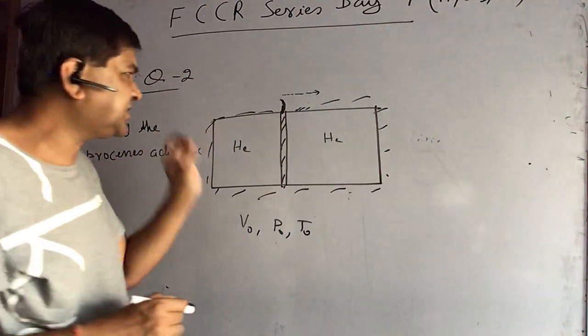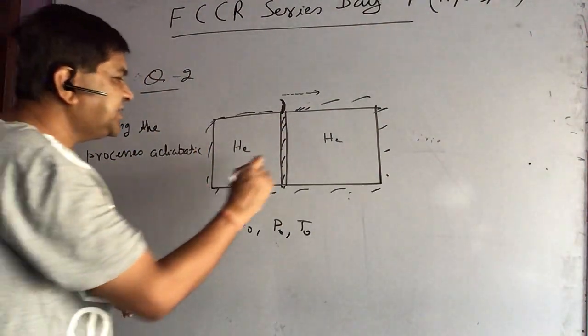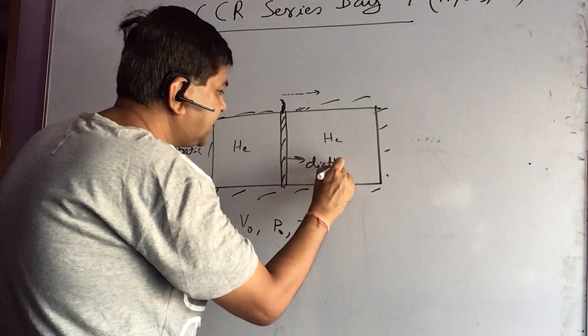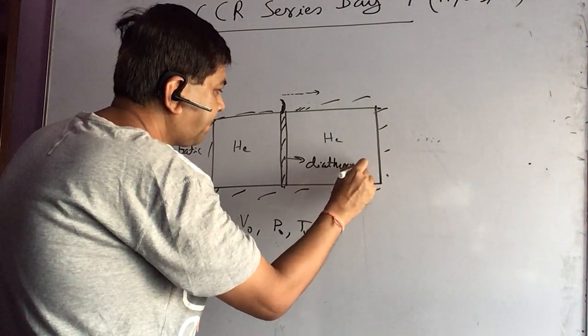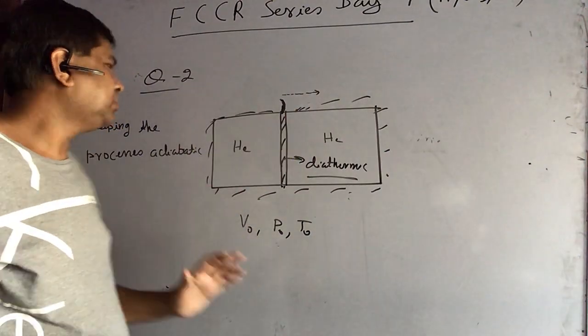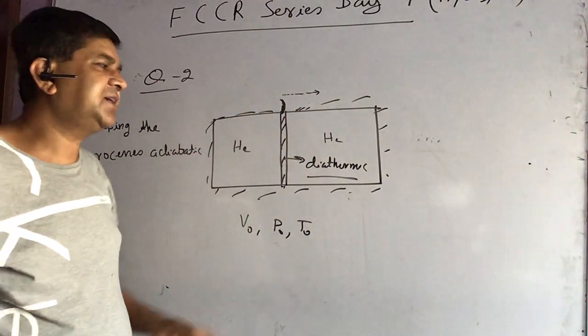Just a minute, there is a correction. The piston is not adiabatic; the piston is diathermic. And then I am slowly moving the piston so that the volume on the right-hand side becomes half.